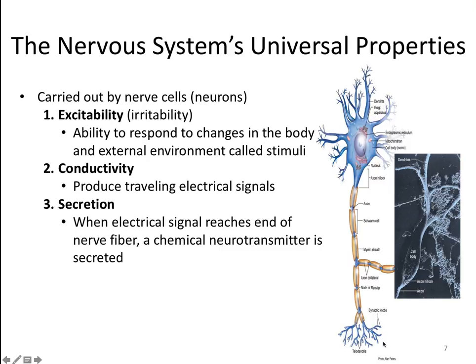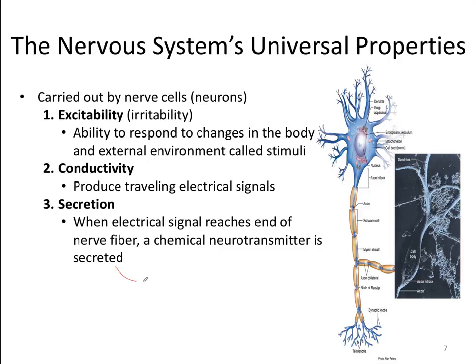So what happens at the end down here? What happens at the end is secretion. When the electrical signal reaches the terminus of a nerve fiber, a chemical neurotransmitter is secreted, and that helps the downstream cell, whether this is a muscle cell or another nerve at this end, to either be excited or inhibited depending on the synapse.